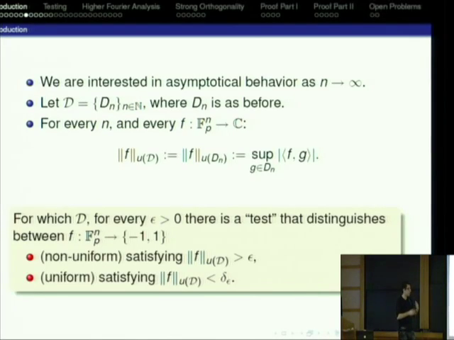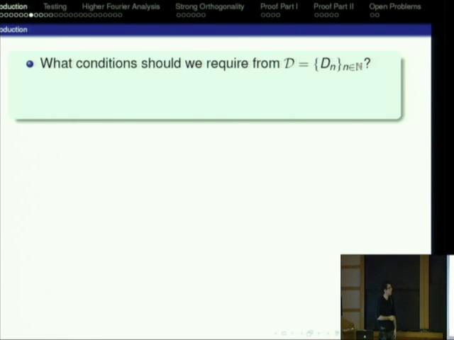So we are able to distinguish between the case where the uniformity norm is large, from the one where it is small. We know that we can do it for polynomials because of the theorem of Bergelson, Tao, and Ziegler. And the question is for which other families we are able to do this.